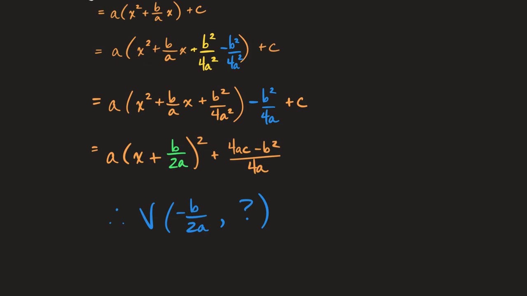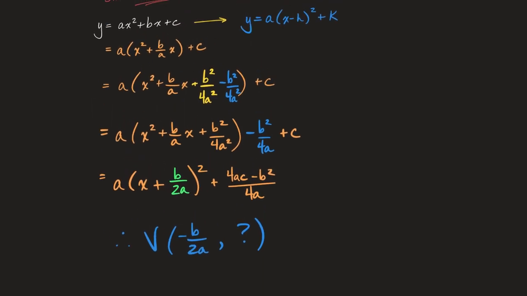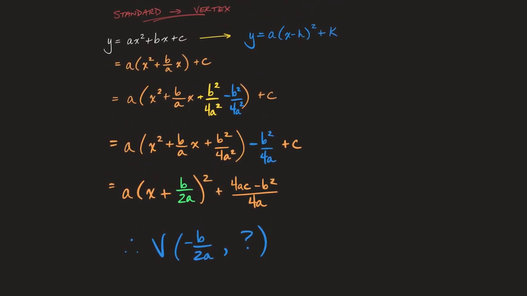I do care about the x-coordinate of my vertex, though. What you'll notice is, for this generic quadratic function, y equals ax squared plus bx plus c, I just found out I always know what the x-coordinate of my vertex is.